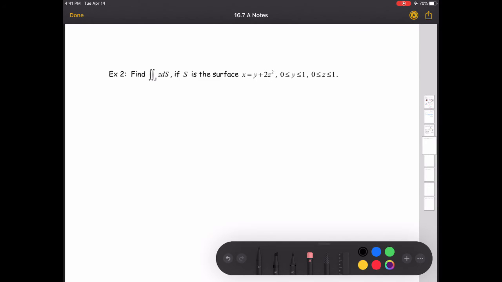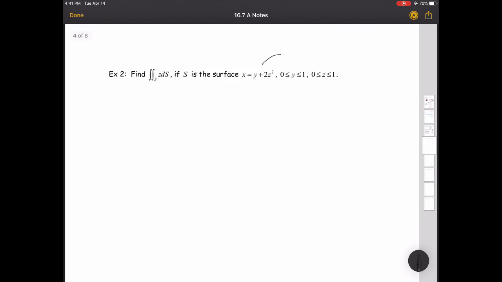So in order for us to do this, we need to find f of x, y, z, because that's what this thing is. It's going to be some kind of a function of 3 variables, and we reduce it down into 2 variables. Well, looking at the surface that they gave us, it's not a sphere.